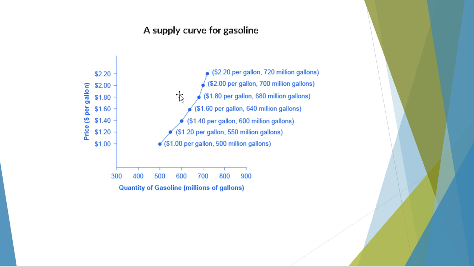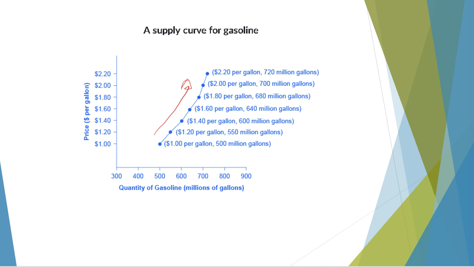In this graph, the supply curve is created by graphing the points from the supply schedule and then connecting them. The upward slope of the supply curve illustrates the law of supply, that a higher price leads to higher quantity supplied and vice versa.